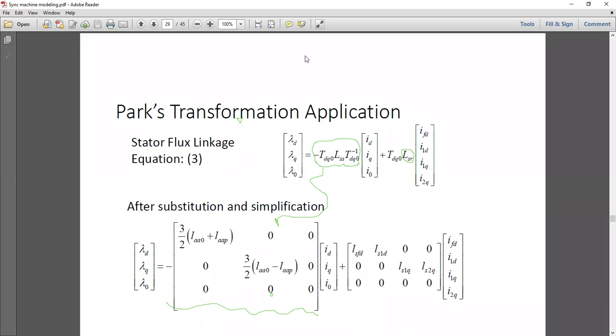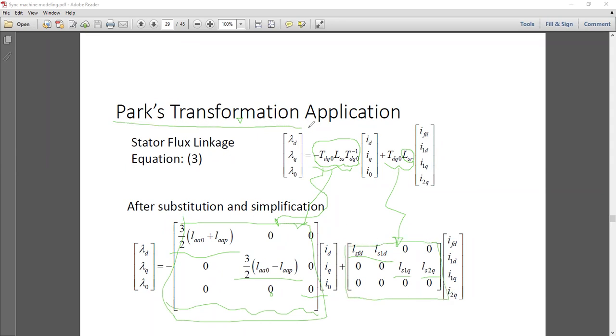So we have to simplify this block to reach here and this block to reach here. And we see that in none of these inductance matrices do we have the presence of theta.